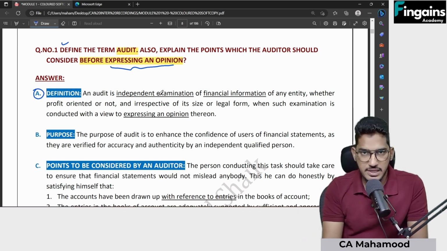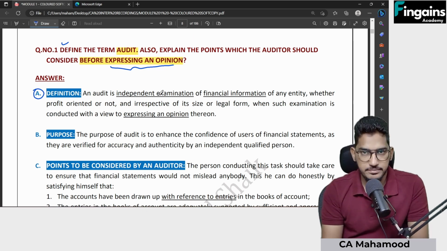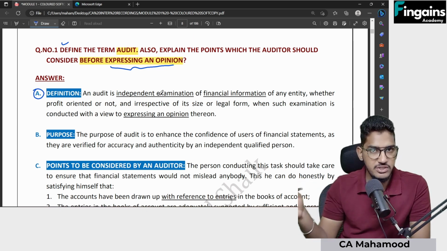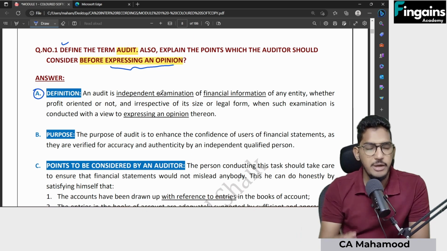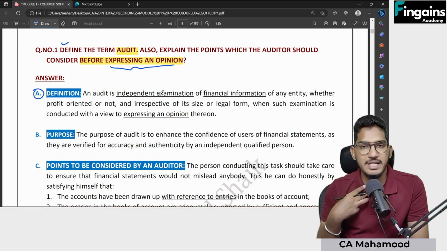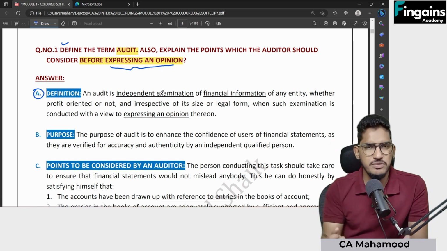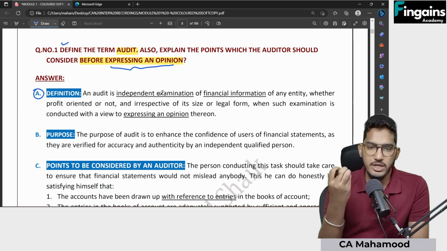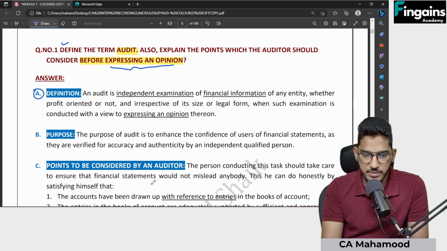But before expressing an opinion, as an auditor, what points will you consider or verify? Some minimum points we will check, no? So what points will you check before expression of an opinion? Clear everybody?